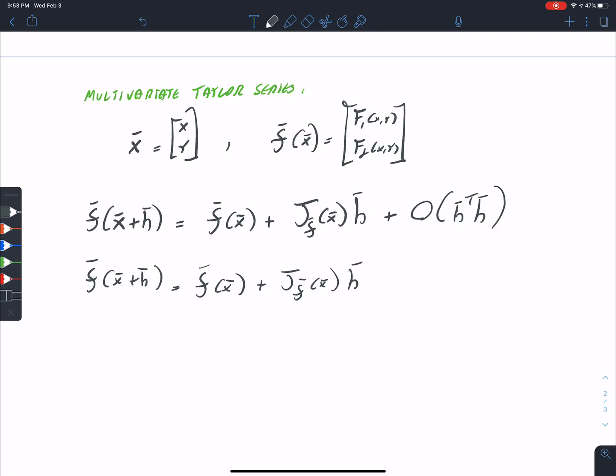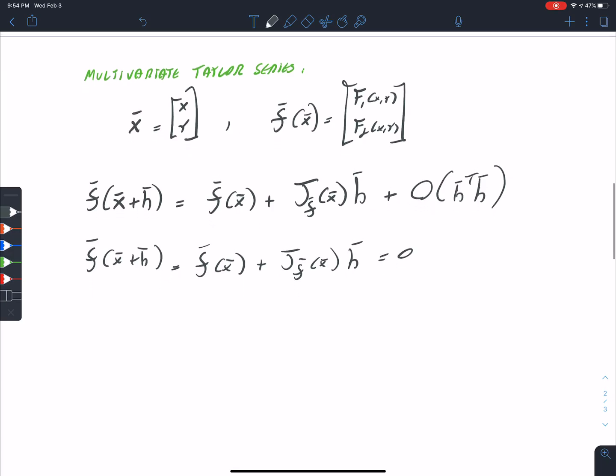Once again, we're trying to solve for the h that displaces my original x so that this is 0. So let's pause here and try to understand what this matrix J of f is.